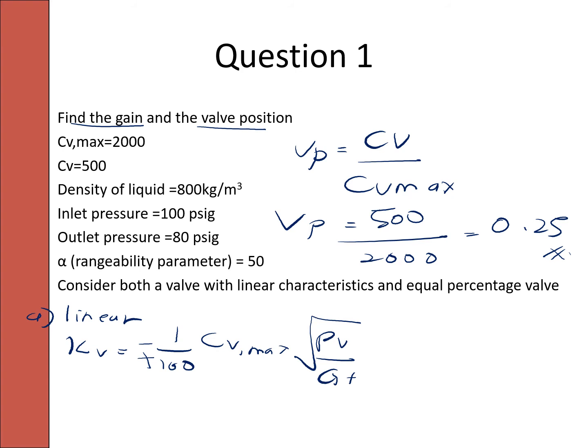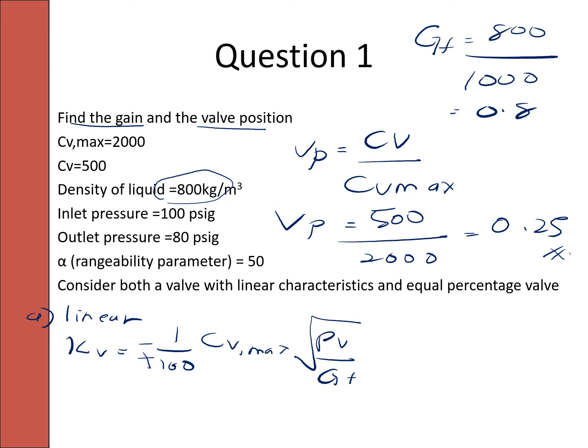For the specific gravity, you are given the density of the liquid, which is 800. The standard density of liquid depends on the density of water, which is 1000 kg per meter cube. So you divide 800 by 1000 and you get 0.8.